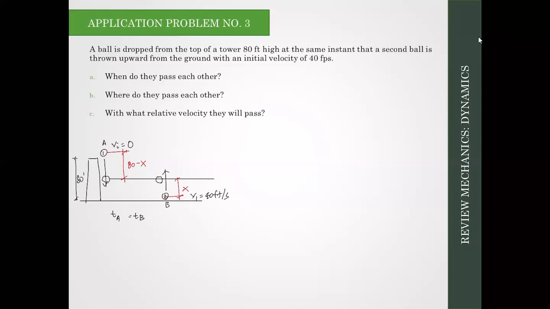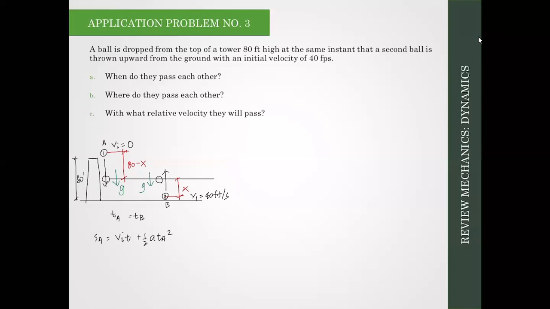So, kunin natin yung each condition. Doon tayo sa ball A, yung inam natin pababa. Yung gagamitin natin yung sa distance. So SA is equals to initial velocity times time plus 1/2 A TA squared. Yung A natin dito is, syempre, yung ating gravity, which is lagi siyang papunta sa Earth, downward lagi sa gravity.